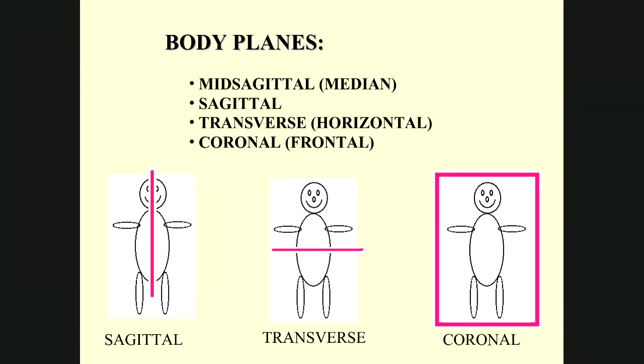So if you have a brain, and you cut it from top to bottom, right down the middle, you get a right and left side, and that's called a sagittal section. If it's right down the middle, it's a mid-sagittal section. If it's a little off to the side, then it would be a sagittal section, up and down. So you get two sides when you're done.